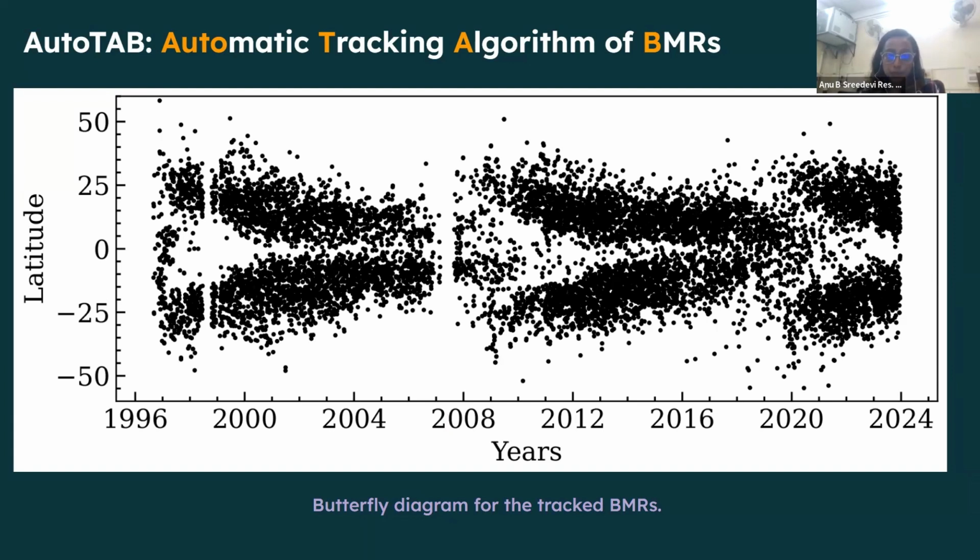The blank spaces are data gaps. I know why this one is there, but for anyone who is working with SDO data, I don't know why this data gap exists, so it would be very nice if someone could tell me. But yes, we were able to produce the beautiful butterfly diagram.